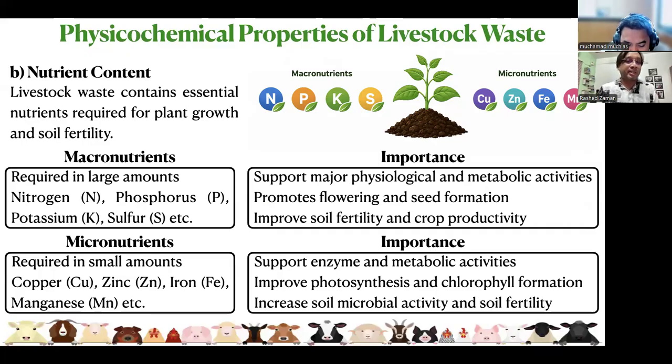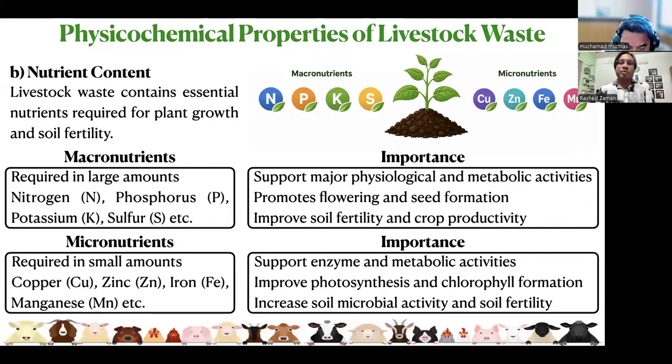Now, the micronutrients. These nutrients are required in very small amounts for plant growth, and these are also essential for their development. For example, copper, zinc, iron, manganese, etc. And the importance of micronutrients is they support enzyme and metabolic activities as cofactors in different biochemical reactions inside the plant bodies.